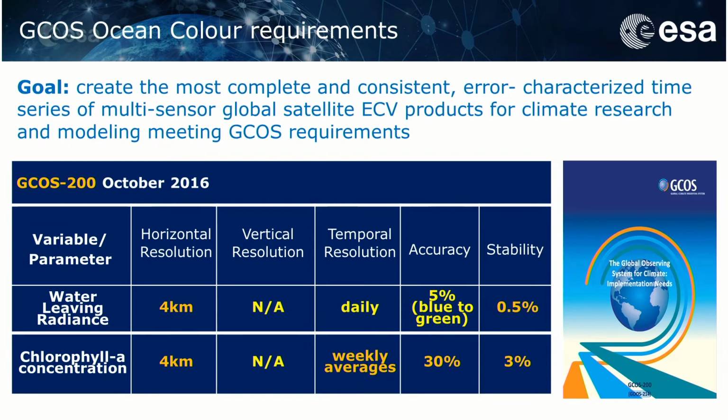Now, these accuracy requirements, we need to show that we meet these. But firstly, it's not entirely clear where these requirements have come from. As of last year, there is the opportunity for the public, or for anyone who's interested, to comment on these requirements, and GCOS take this into consideration when they create their next requirements list.